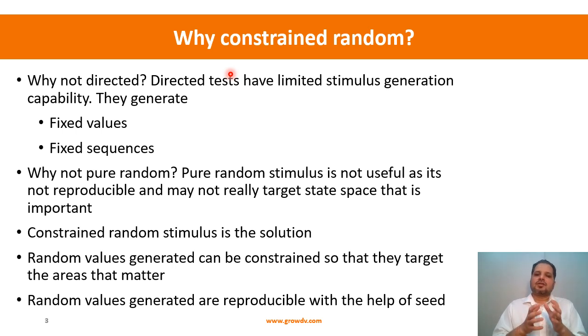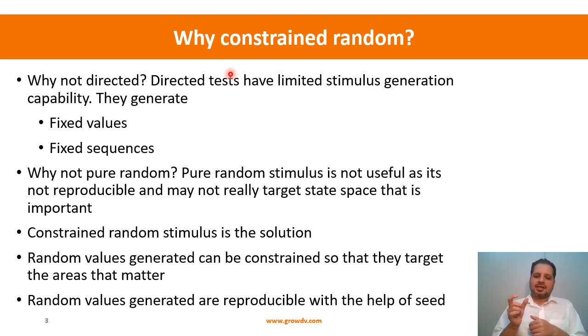Okay, so that is where we have to use the constraint random stimulus as a solution. And through constraints you can limit the state space to the area that matters to that particular application. And second is that there is a concept of seed, which we will talk about in a little bit more detail as we go through this session.